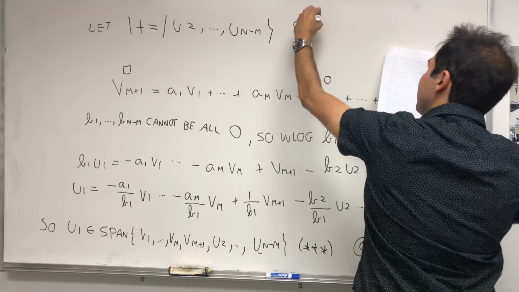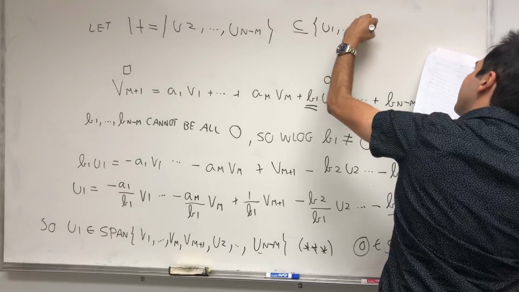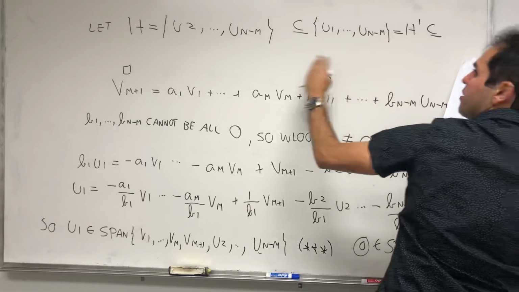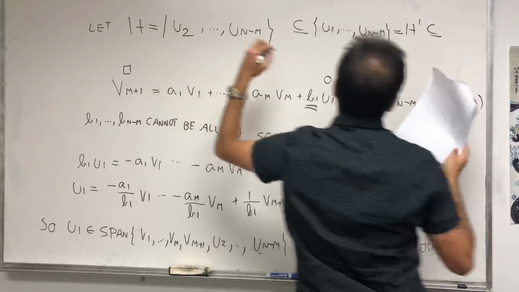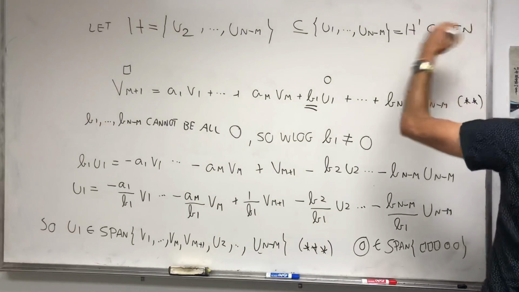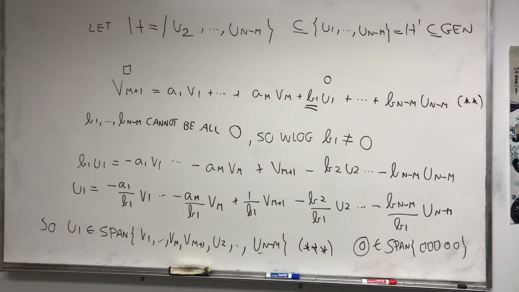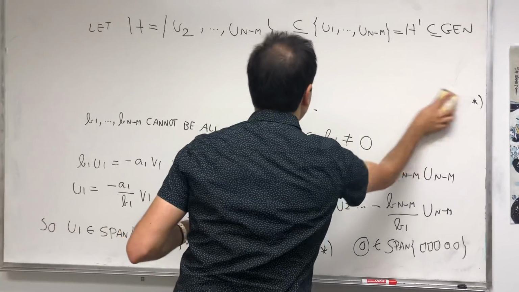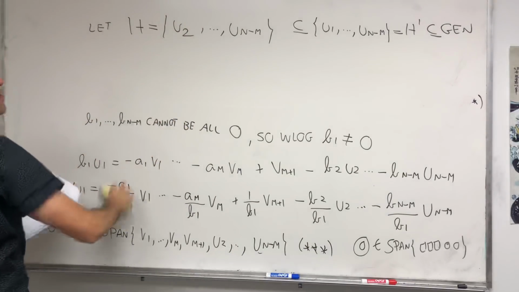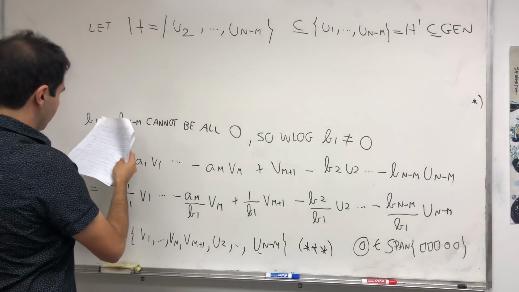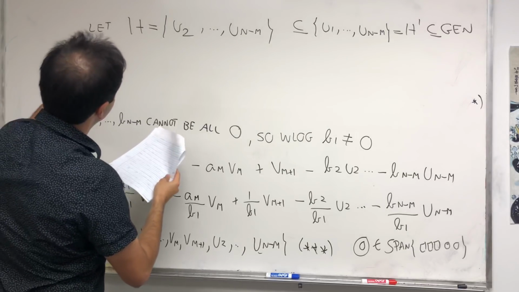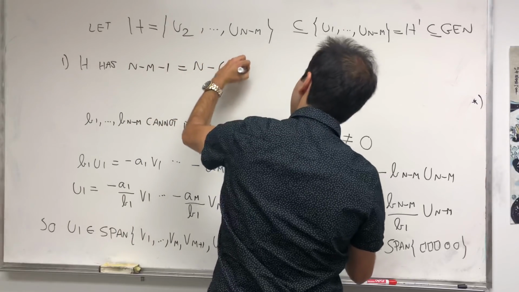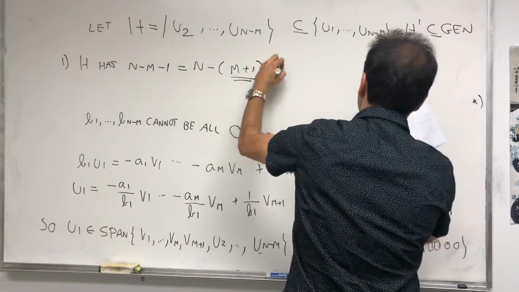That's included in U1 up to U_{n-m}, which was the original set H prime, and that's included in the generating set. So it's a subset of our generating set. Moreover, how many elements does it have? Well, n minus m minus 2 plus 1. So H has n minus m minus 1 elements.